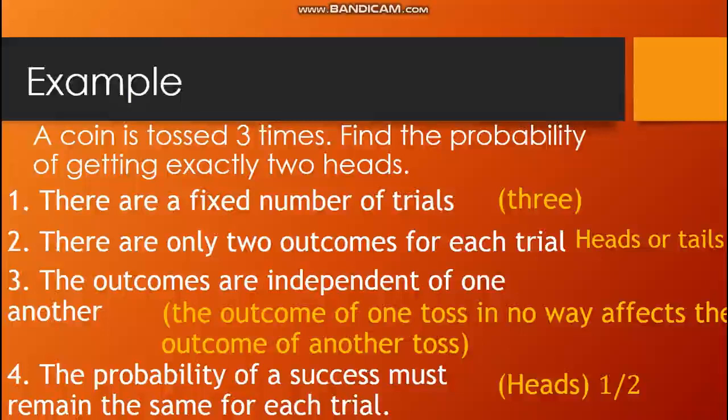So, nasatisfy natin yung 4 requirements of a binomial experiment. So, kapag nasatisfy natin yung requirements of a binomial experiment, so yung ating assumptions for testing a proportion is also satisfied. Okay? So, I'm going to give you examples in testing population proportion using z-test.